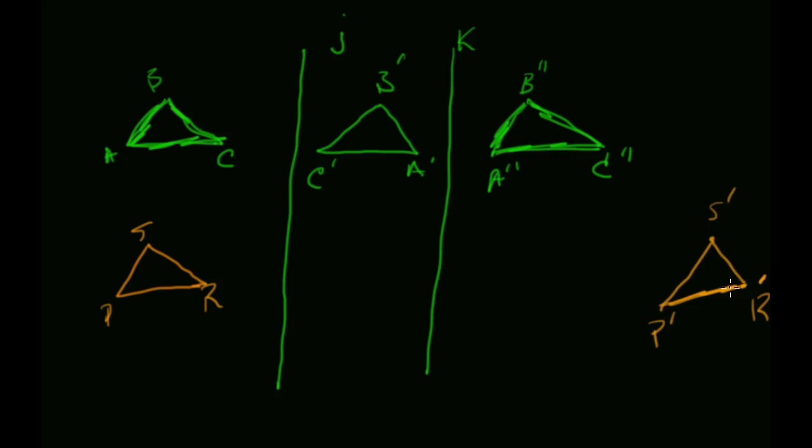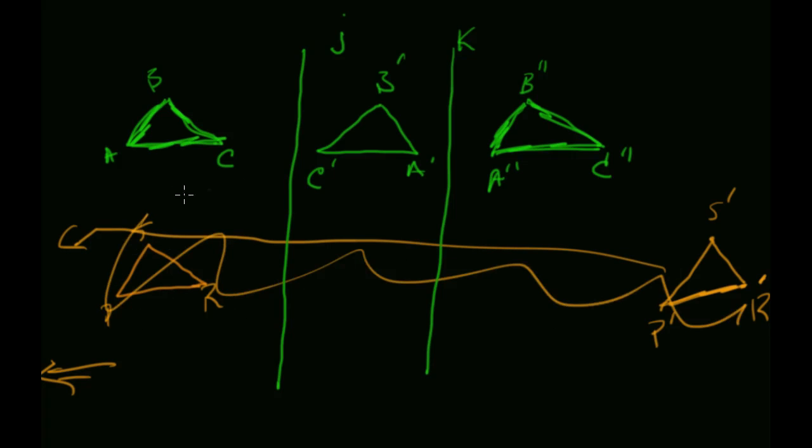And then if I reflect back over J, I can't even see it. This thing is going to get shot way, way over there. So this is definitely not the same as reflecting over J then K. If I change the order of the two reflections, I change the composition.